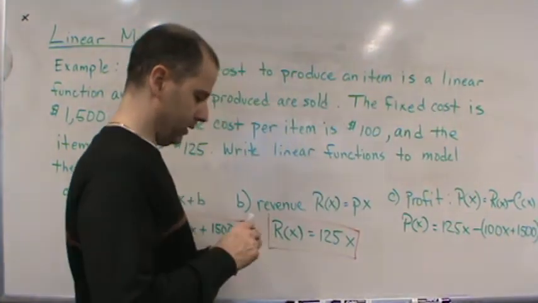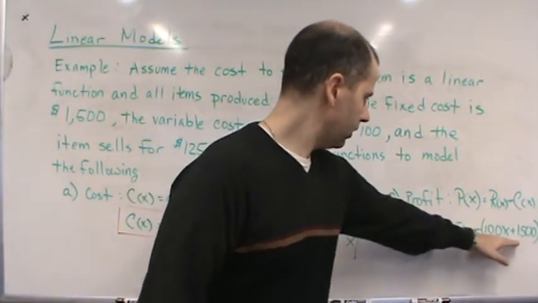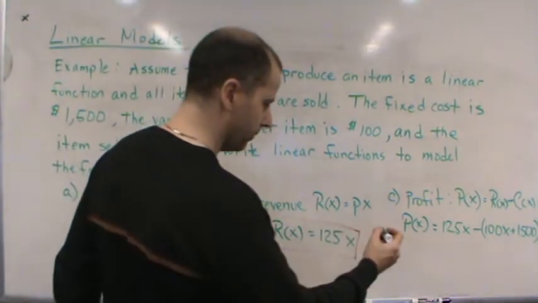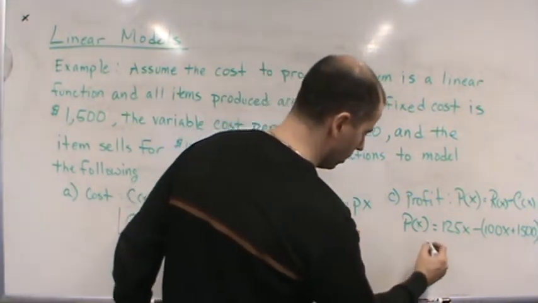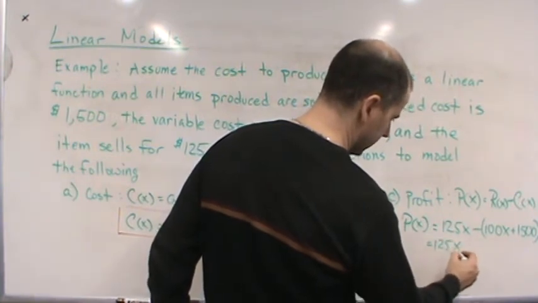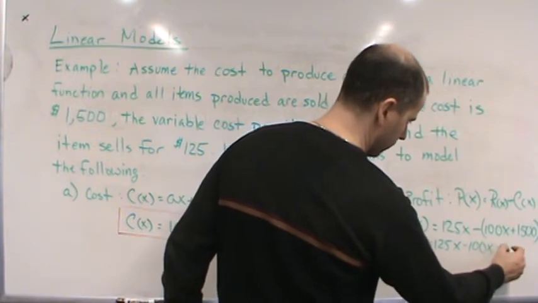And so now notice how I'm subtracting the entire cost function. Okay. So now I'm going to distribute, and I get 125x minus 100x minus 1,500.